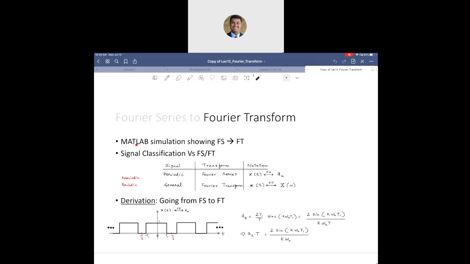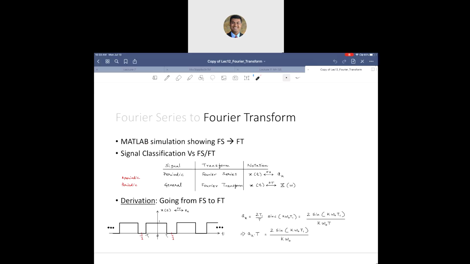I made a MATLAB simulation showing the convergence from Fourier series to Fourier transform, and I posted that. It's a 35-second video, posted to YouTube. Let us see if I can pull that up. Maybe we'll do that a little bit later.